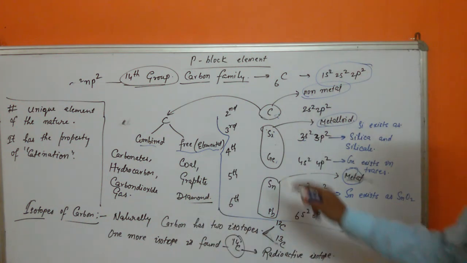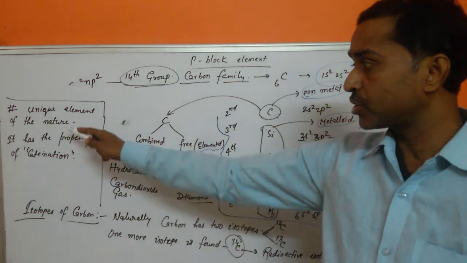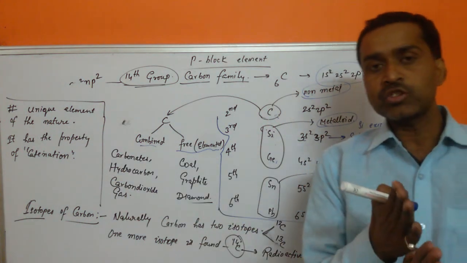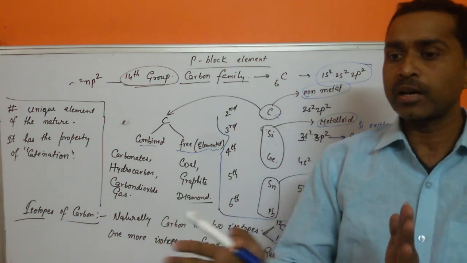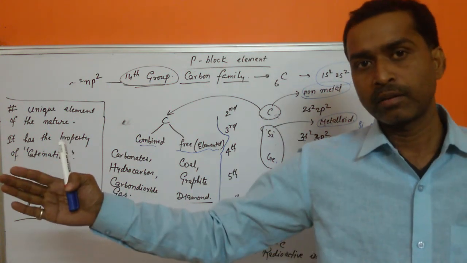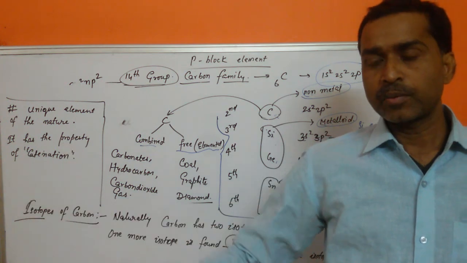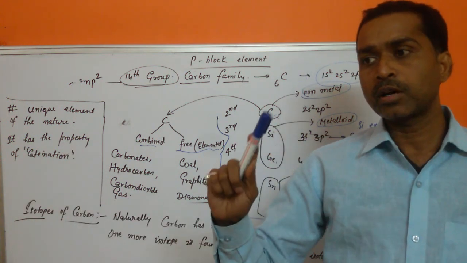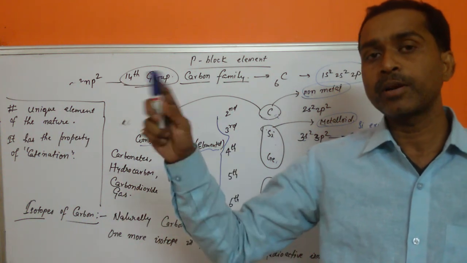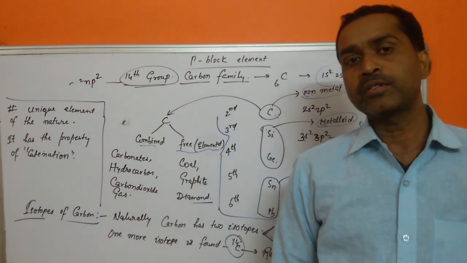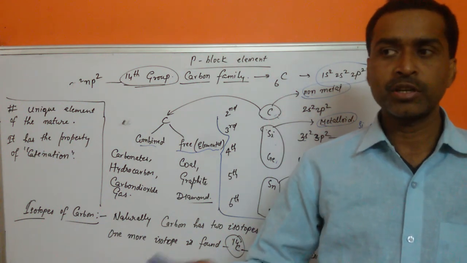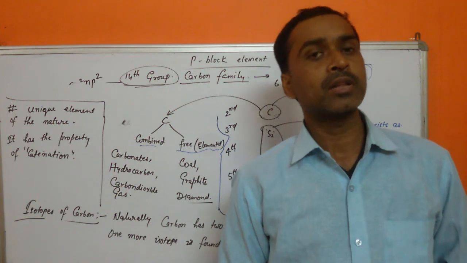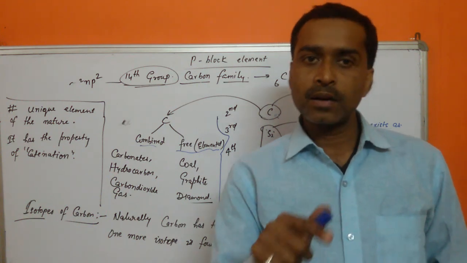Now, it has a unique property called catenation, the property to combine with each other, meaning carbon can form long chains in nature, and the system to name them is known as nomenclature, the IUPAC system. You have studied it in organic chemistry, GOC, that is general organic chemistry.